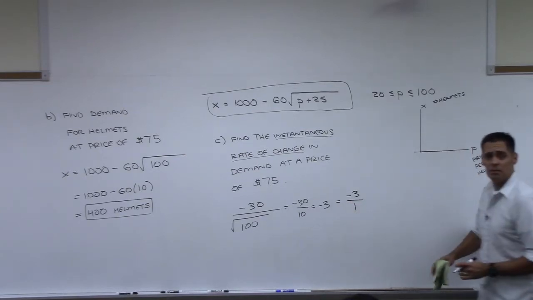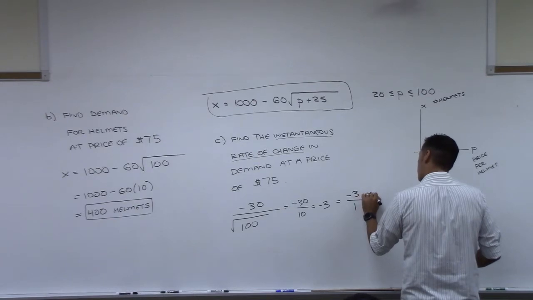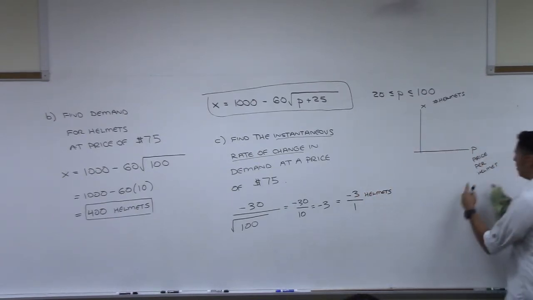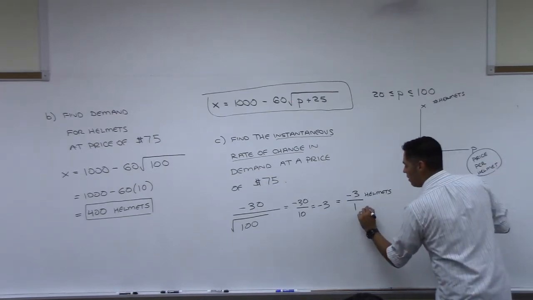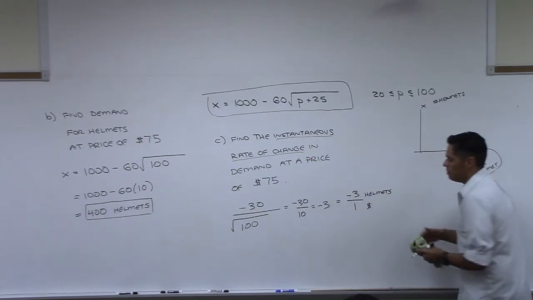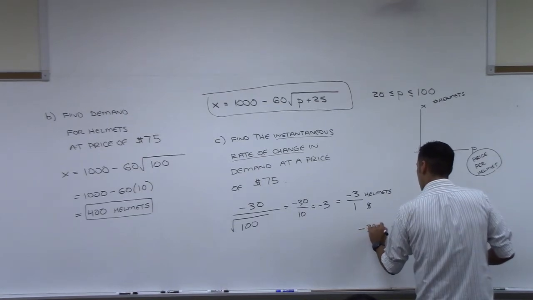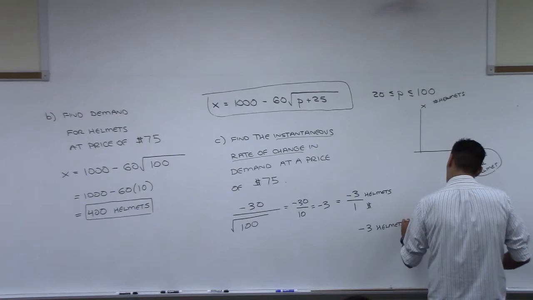So I could say negative 3 helmets per 1 what? How are we measuring our price? In pennies? Dollars, right. So $1. You could say negative 3 helmets per dollar.